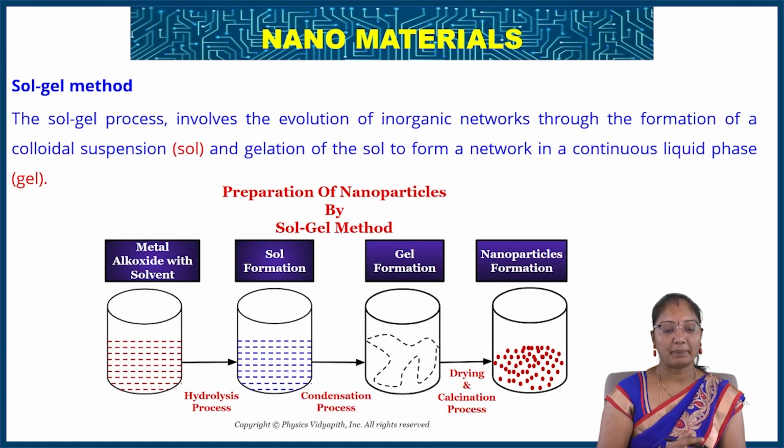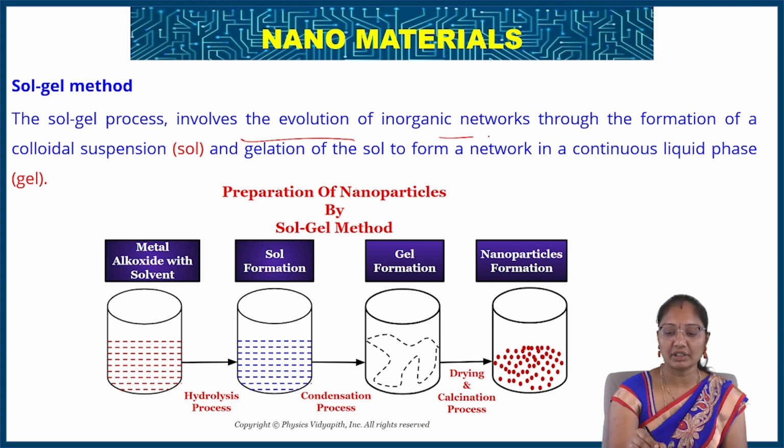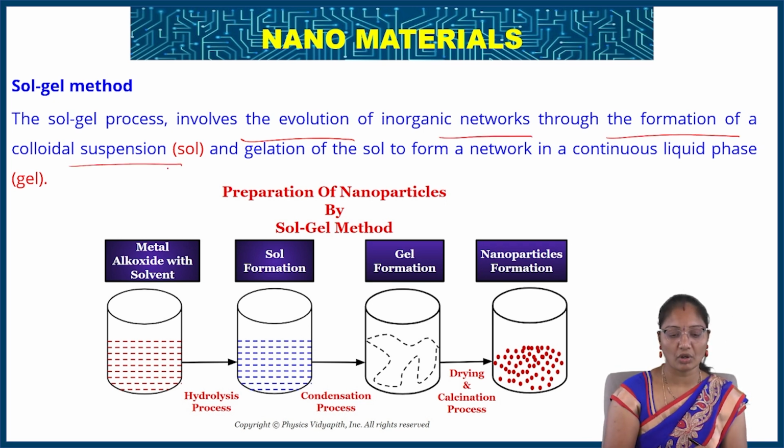Then one of the methods in the bottom up approach is the Sol-Gel method. The Sol-Gel process involves the evolution of inorganic networks through the formation of a colloidal substance called sol and the gelation of the sol to form a network in a continuous liquid phase called a gel. The preparation of nanoparticles by this method involves 5 steps.